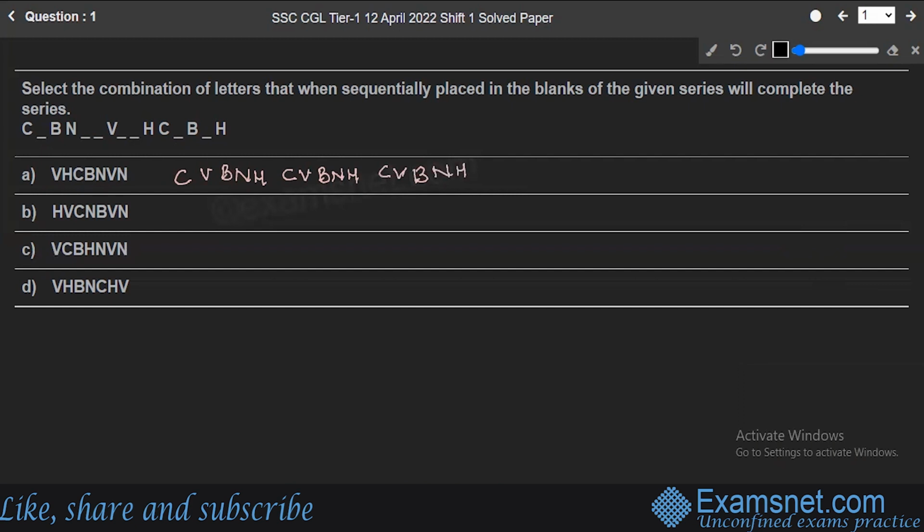Second one becomes CHBNV, then CVNBH, then CVBNH.